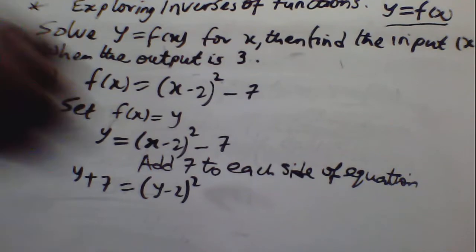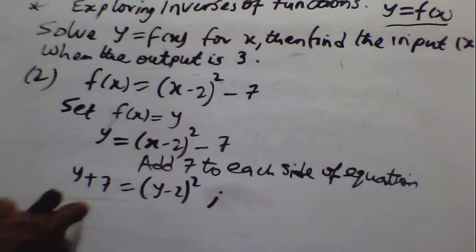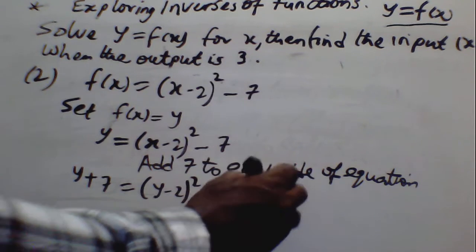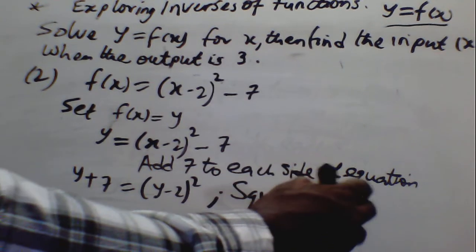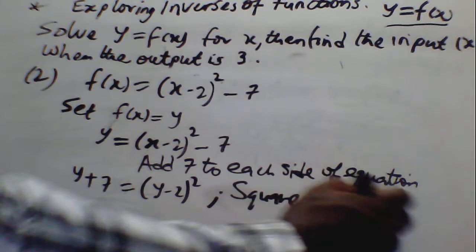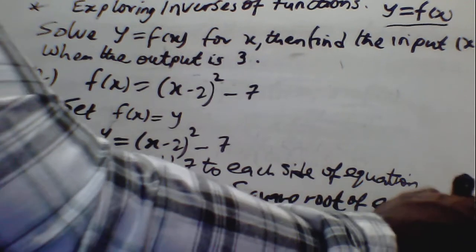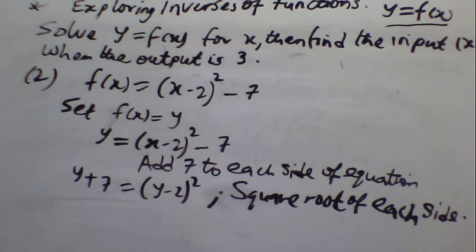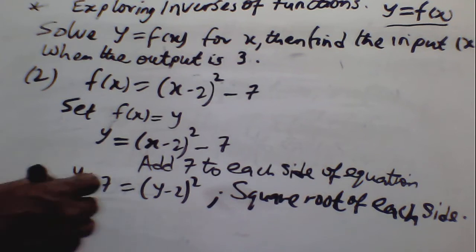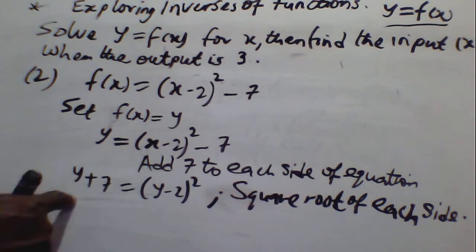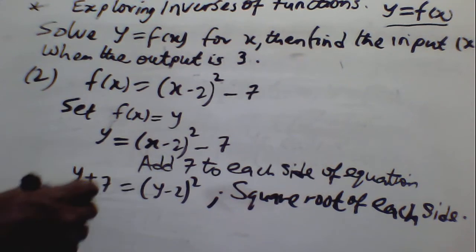So the next step is to find the square root of each side. Because this is raised to power 2, finding the square root, we have plus or minus.